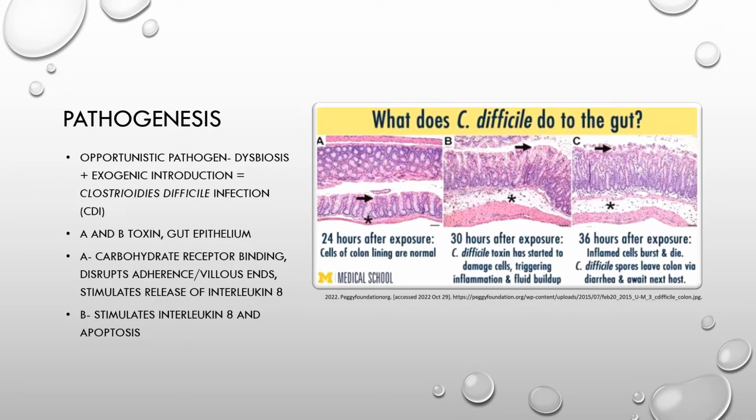And in addition, if the person is not already a carrier of C. diff, the C. diff must be introduced by an outside force, which could include C. diff growing on hospital surfaces from inadequate cleaning from other patients infected with C. diff, or even from a silent carrier to someone who's taking antibiotics.